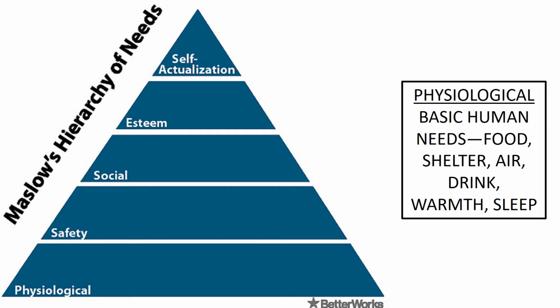These are your basic human needs: your food, your shelter, your air, your drink, your warmth, and your sleep. So if you look and you see safety and social and things like that, sometimes it's really hard to worry about a social life if you're constantly hungry, or when you're trying to make sure that you have a place to stay and a place to sleep.